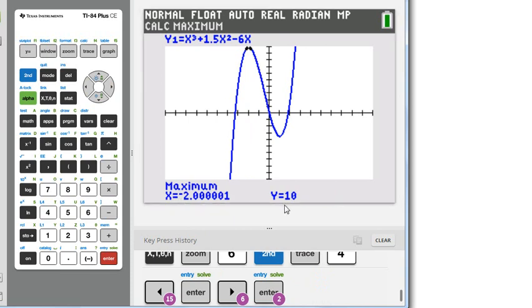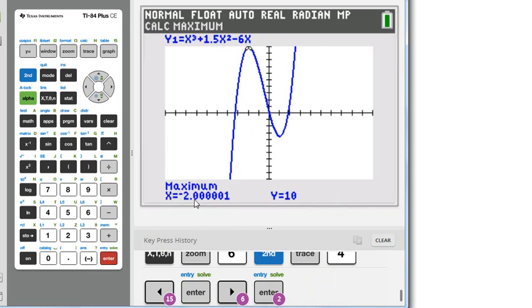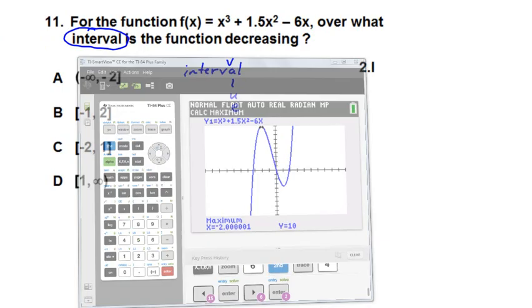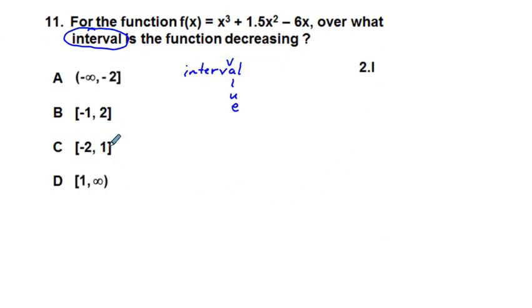So the maximum value of 10 occurs where x equals -2, in this case -2.0001, so a millionth off. So the only possible right answer at this point is going to be C, just to verify the other value.